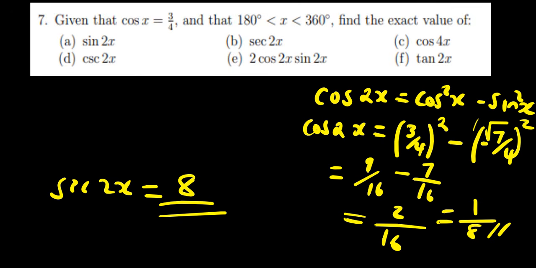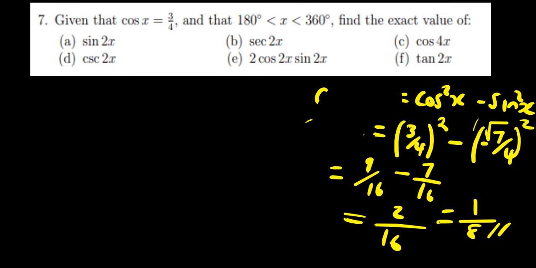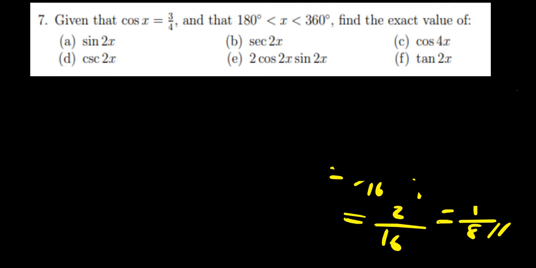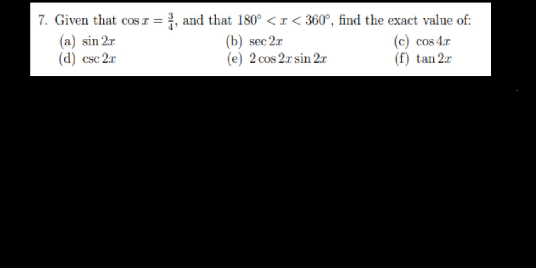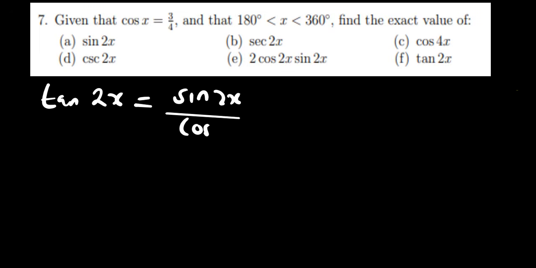Let's solve something to do with tan. So how are we going to solve for tan? Now this is tan 2x, so this will be the same as sine 2x over cos 2x.